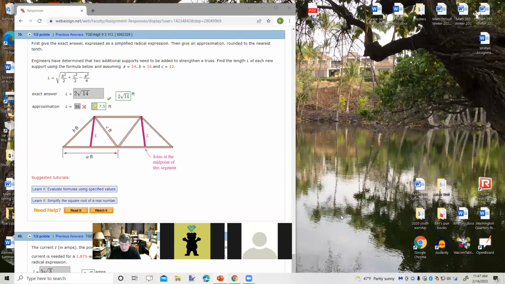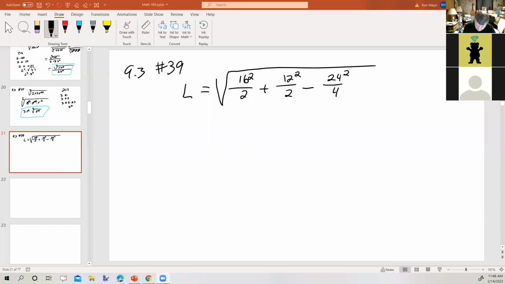So let's take a look at the whiteboard screen. So let's see, L is, well, 16 squared is 256 divided by 2 is 128. 12 squared is 144 divided by 2 is 72.